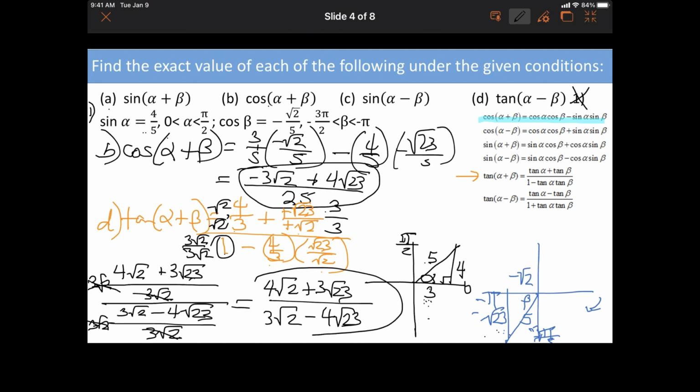Okay, and we're going to leave it like this. You're going to say, oh, shouldn't we rationalize the denominator? For these problems, we can just leave it like this, as long as it's not a complex fraction, I'm going to be okay with that.